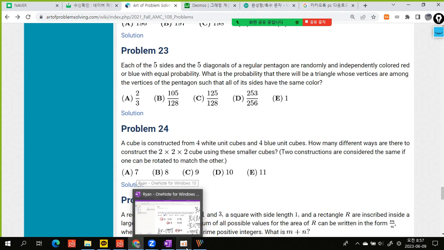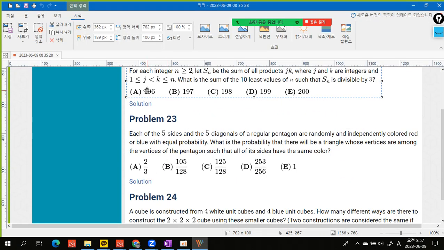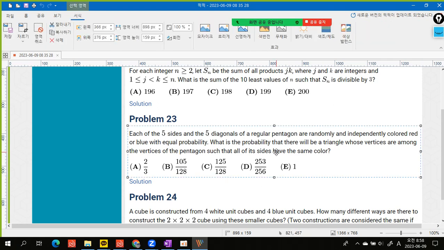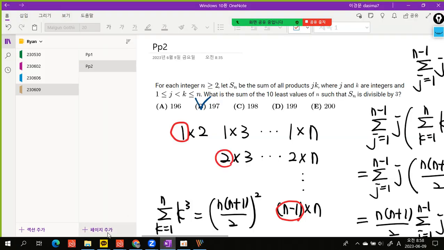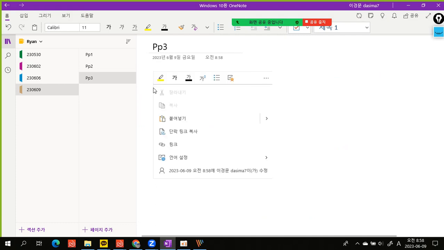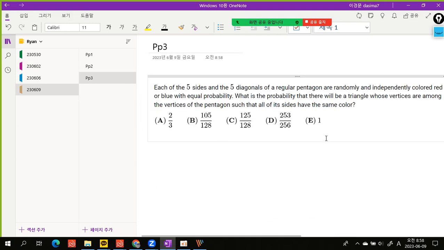So 23. For this problem, let me use a calculator to show you the situation more clearly. No, no, no, 23. Okay, okay. Let me see.